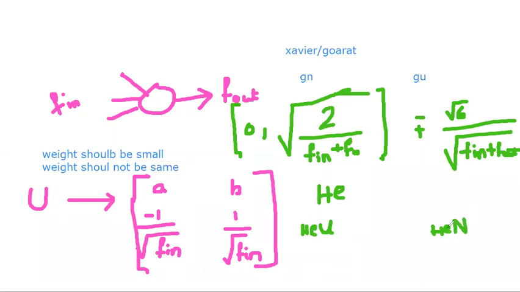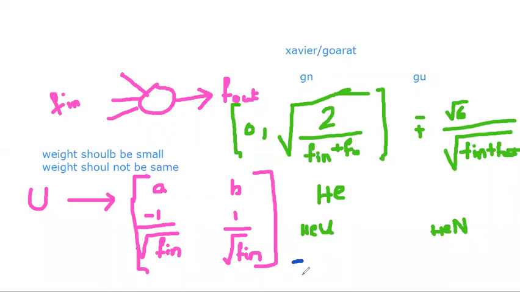Whenever you use He uniform distribution, the formula will be different. It also lies between this range. It is the same formula, but we need not consider the output.